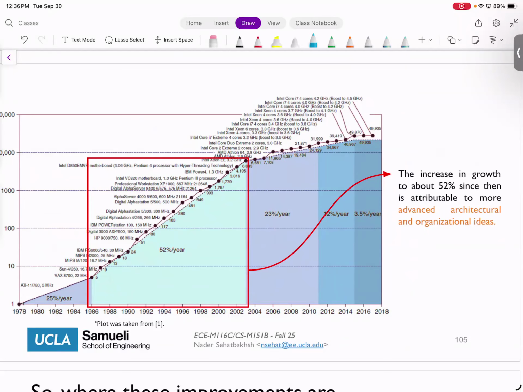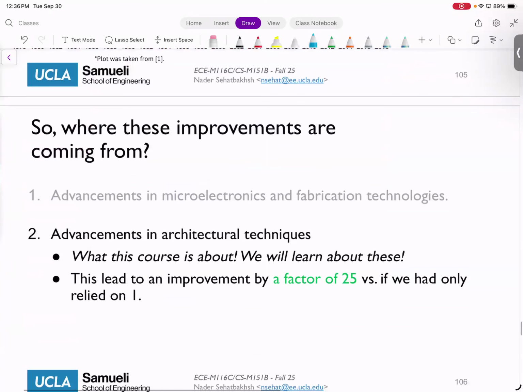This first era was massively influenced by technology, but that gave us 25%, and we managed to double that. So this twice increasing rate of improvement of the system is because of these advanced techniques that you're using.